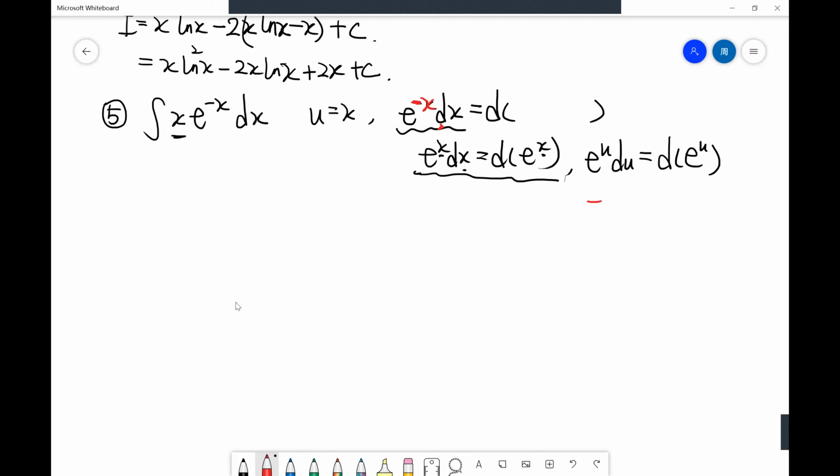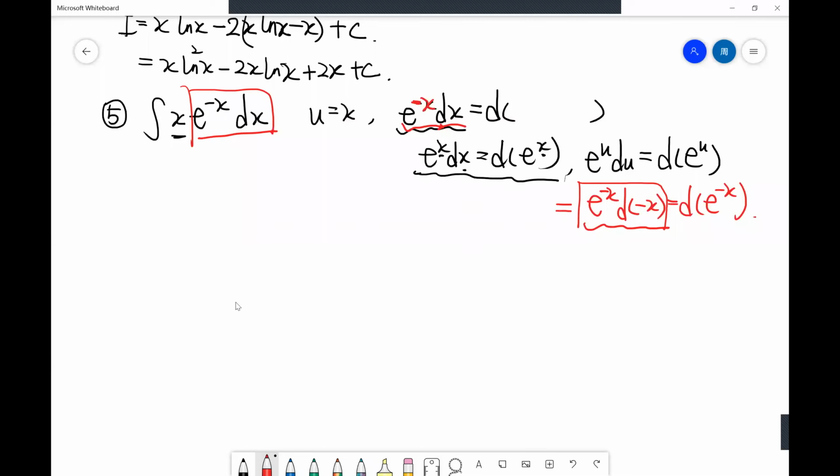So here, e to the minus x, d of minus x should be equal to d e to the minus x here, right? And then we compare these two parts on the left. The original part is e to the minus x dx, and the formula, if we want to use it, should be d of minus x.